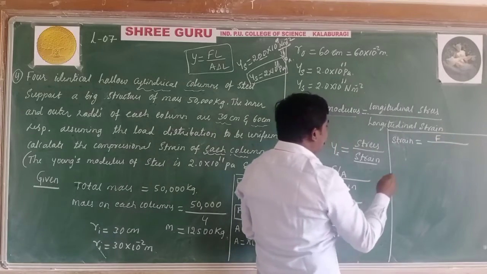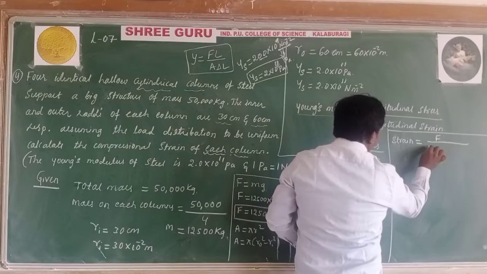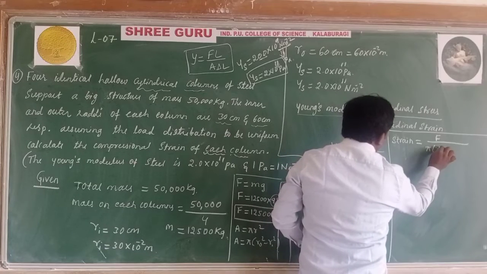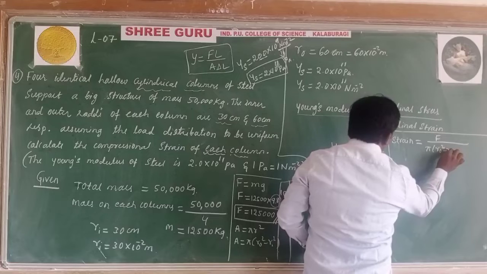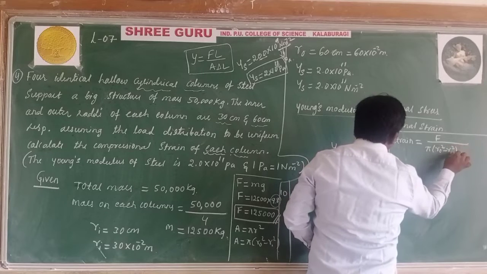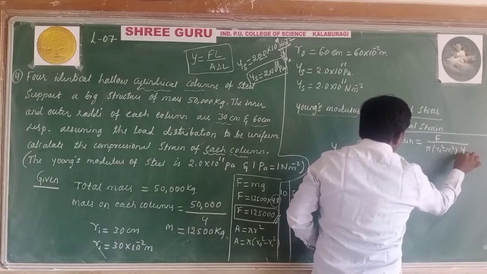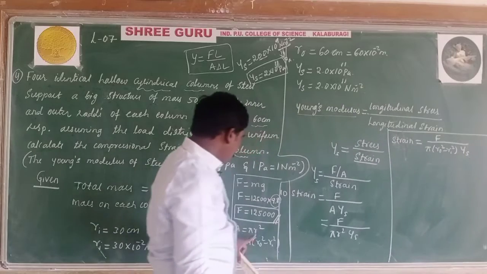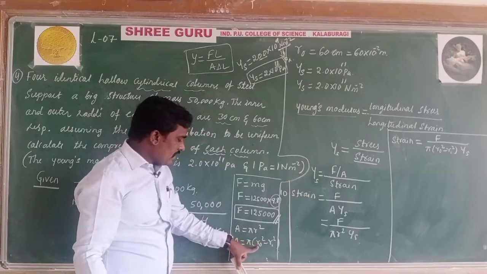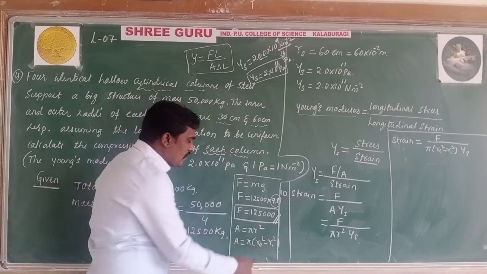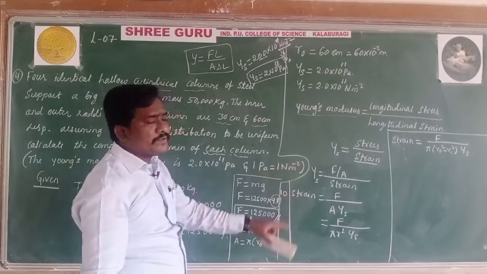Just first convert the radius. Shall I write like this? Pi into outer radius square minus inner radius square, into Young's modulus. They mention inner radius and outer radius separately. Now substitute the values.